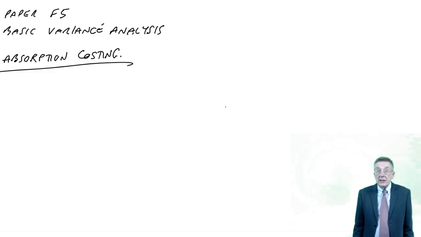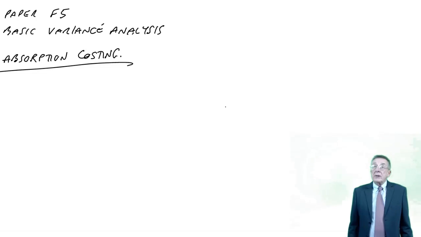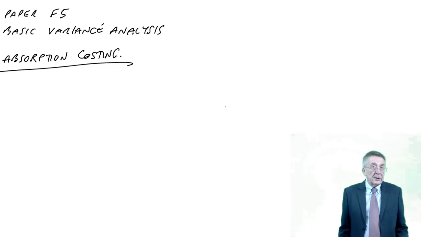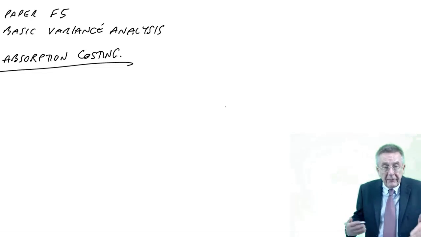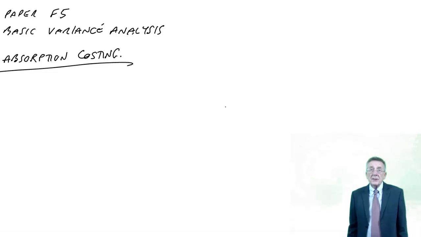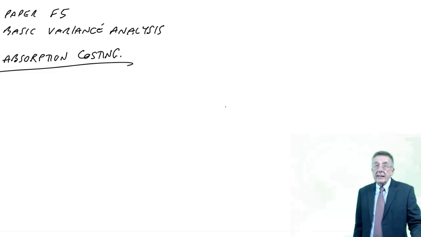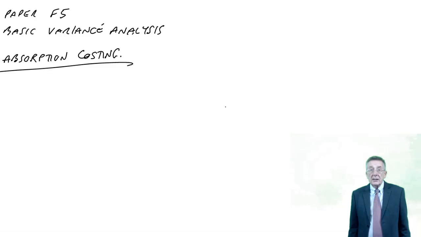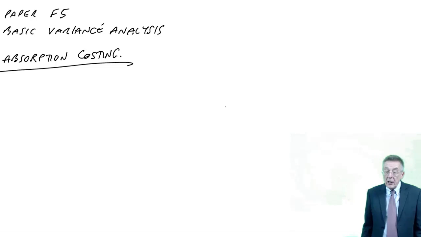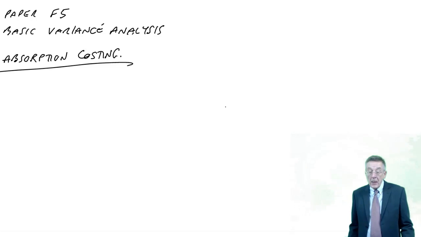Again, here it's 15 a unit. With marginal costing, we don't bring the fixed overheads into the cost card. That 15 wouldn't be there. I'll talk about what would happen if it was marginal costing later. For the moment, this is absorption.